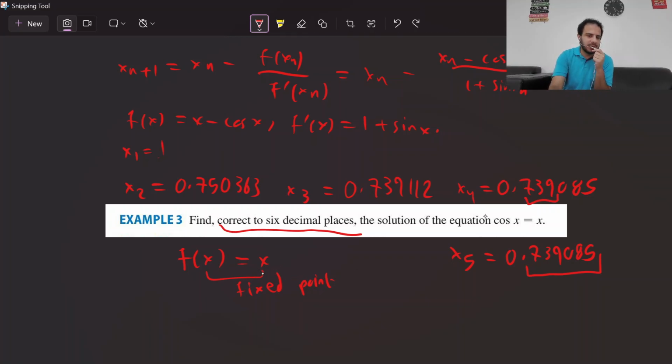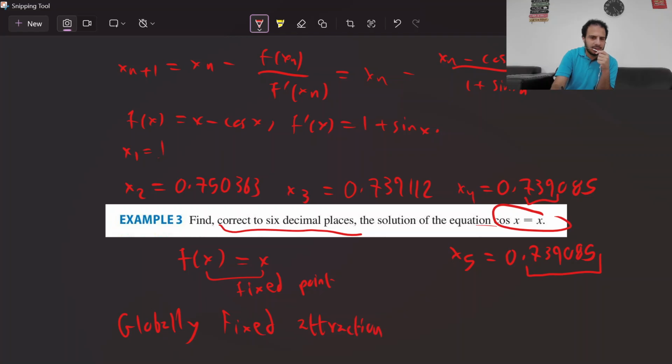The type of this fixed point is called a globally fixed attraction point. Globally means that you can choose any real number you want. When you keep applying cosine, the result will be attracted to the solution.